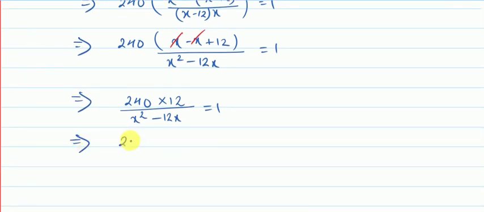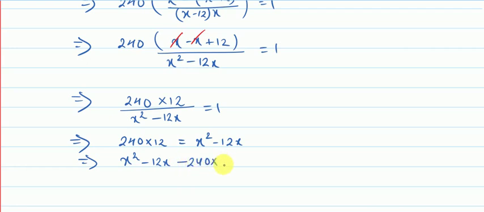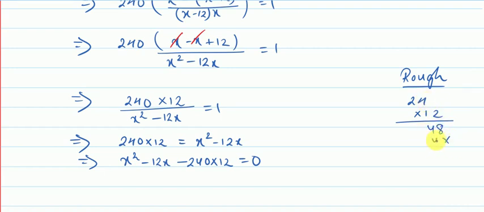Now cross multiply, so 240 into 12 is equal to x square minus 12x. This can be written as x square minus 12x minus 240 into 12 is equal to 0. Now 240 into 12, rough. Forget about 0, we can put it later on. So 2 4s are 8, and so on, and the 0 will be there.